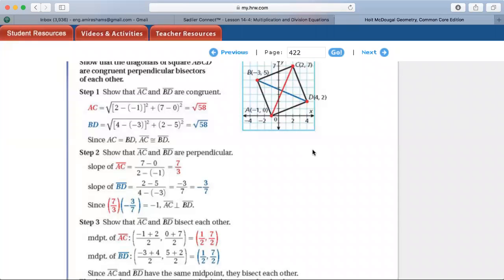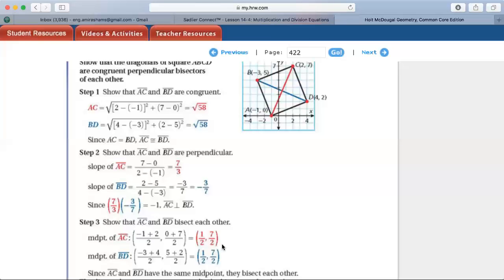How will I get the midpoint of a line? By the ordered pair (x1 plus x2) over 2, (y1 plus y2) over 2, and I got the ordered pair of the midpoint. How will I get the midpoint of BD? By the same method, using the ordered pairs of B and D. x1 is minus 3, x2 is 4, over 2; y: 5 plus 2 over 2.